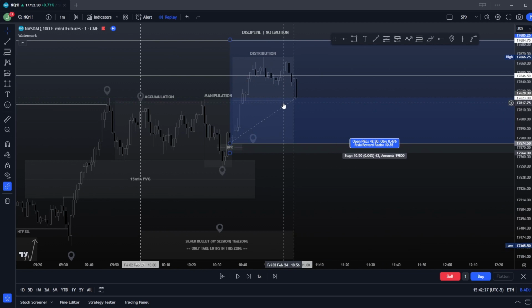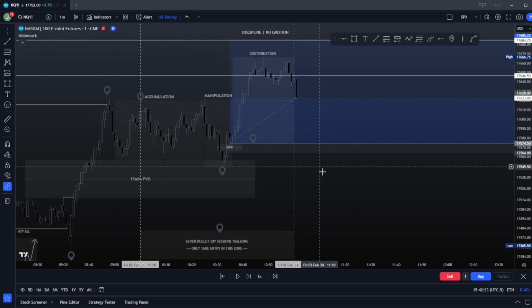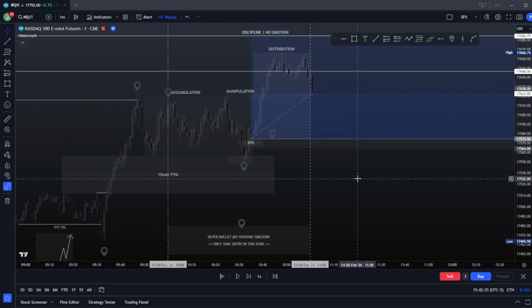And it's kind of coming to an end at the end of our time zone. And that tends to happen. Usually you want to be out of a silver bullet trade by the end of this time zone.